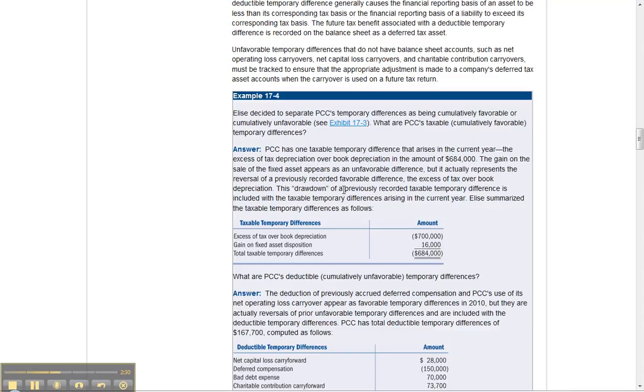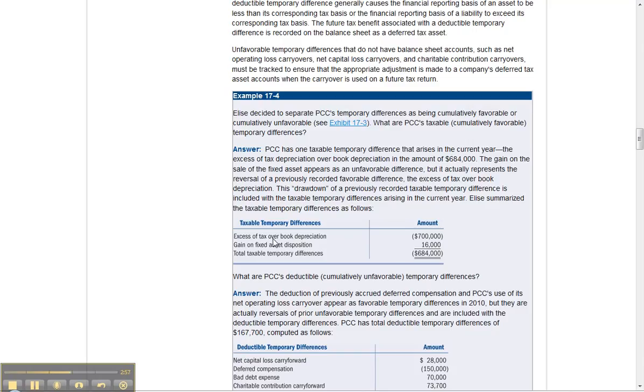So back to our example, we look at our taxable temporary differences from our example. That is things that were deductible differences this year, or favorable differences this year, and will reverse unfavorably or taxably, if that's a word, in the future. So we had two.